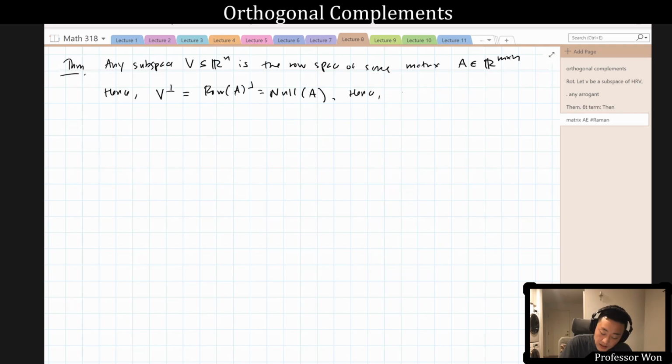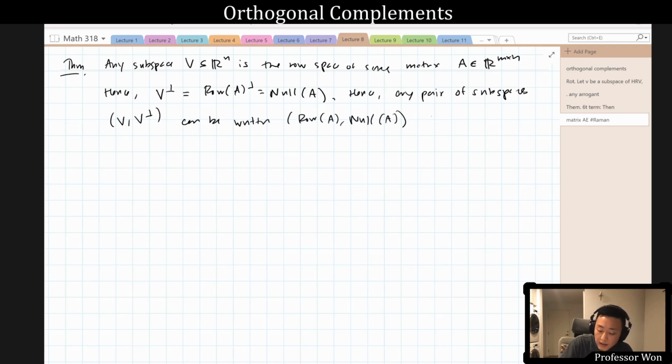Hence, any pair of subspaces V, V perp can be written as the row space of A, null space of A for some matrix A.